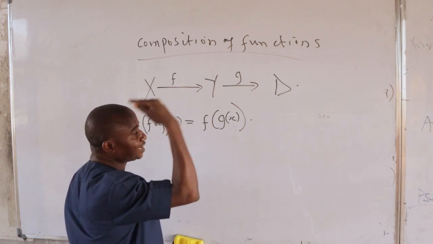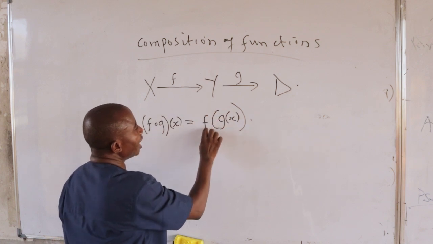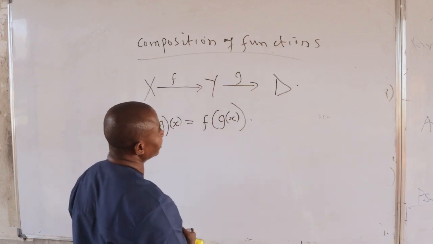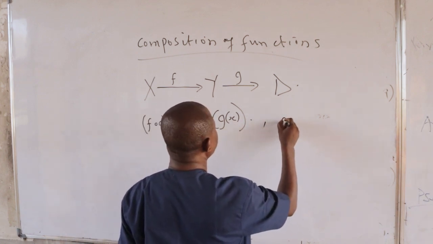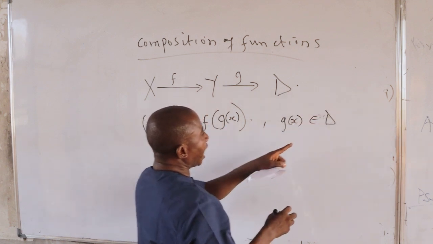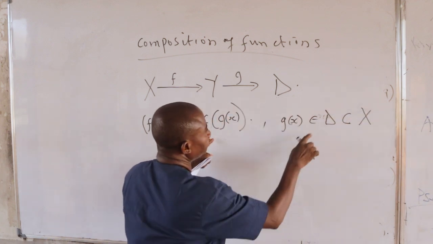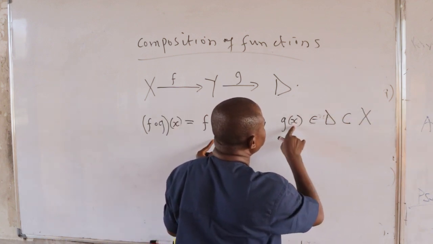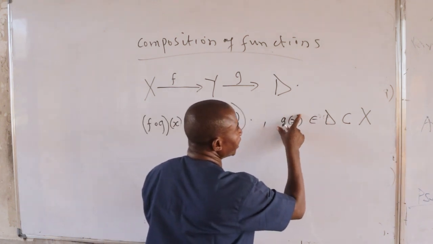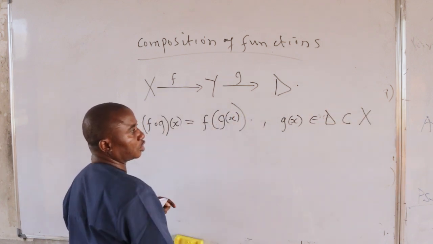That gives you an idea of where g of x lies and where f is taking its values from, that means the domain of f. For this to make sense, we demand that g of x, in our case here, is a member of D, and then D has to be a subset of X. If D is a subset of X, it means that g of x is a member of X, and that means g of x is in the domain of the function f. So f can see g of x and act on it.